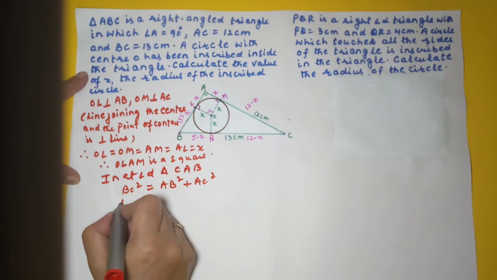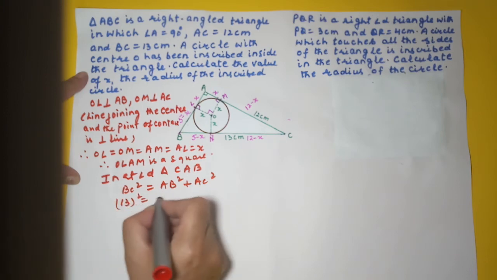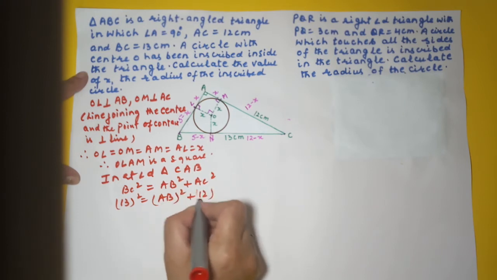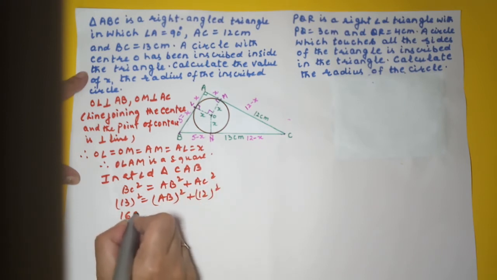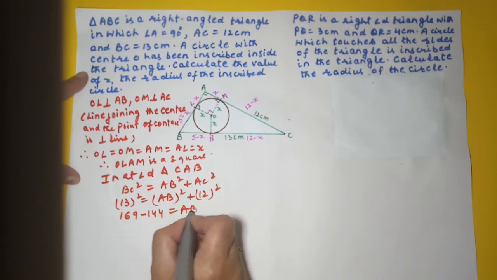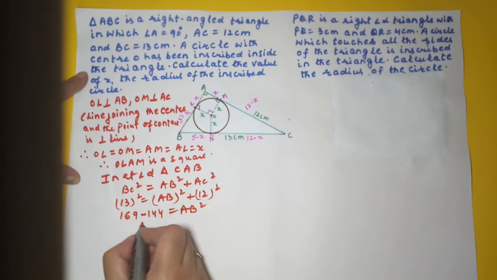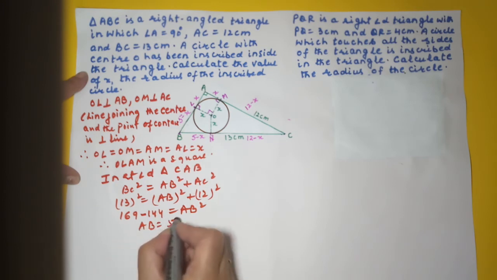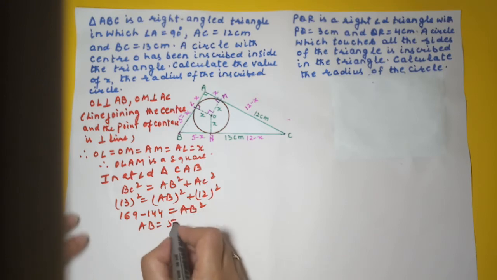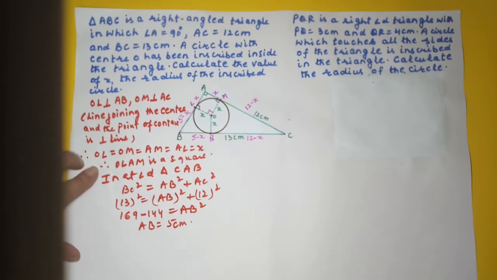So 13 whole square is equal to AB, we don't know, plus AC is 12 square. So 169 minus 144 is equal to AB square, which gives my AB as 5, because 169 minus 144 is 25. So you got AB as 5.